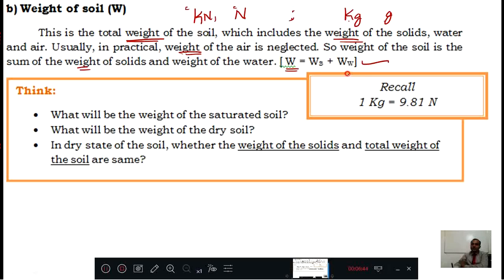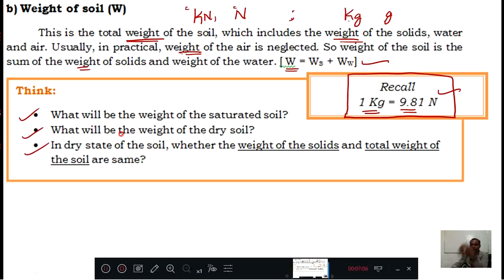And you should know the relation to convert weight to mass or mass to weight: 1 kg is equal to 9.81 Newton. By using this conversion, if a weight is given and you want mass, you can convert it, or vice versa. The same three questions are there with respect to weight, you can answer here.